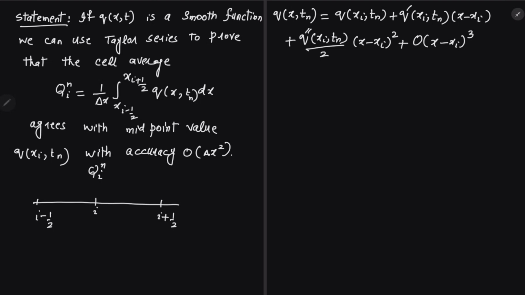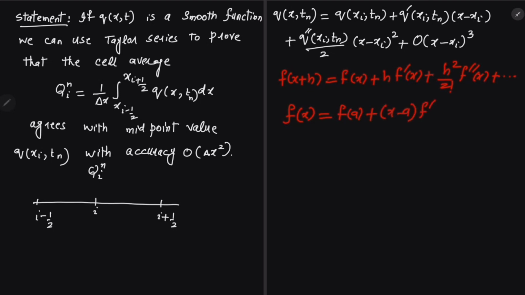Remember that for Taylor series we have different formulas. One is f of x plus h equals f of x plus h f dash x plus h square by 2 factorial f double dash x. This is one of the formulas. Another formula is f of x equals f of a plus (x minus a) f dash a plus (x minus a) square by 2 factorial f double dash a.